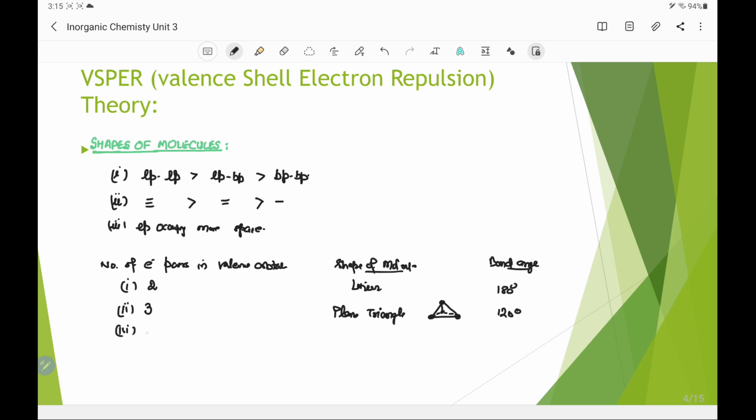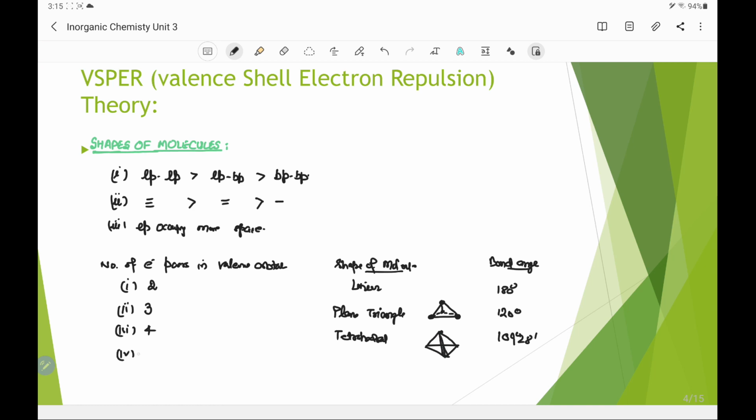Third, if the number of electron pairs is 4, then the shape will be tetrahedral, and in the ideal case the bond angle will be 109 degrees 28 minutes. Tetrahedral actually has 4 vertices in this shape, and they are connected in this way.